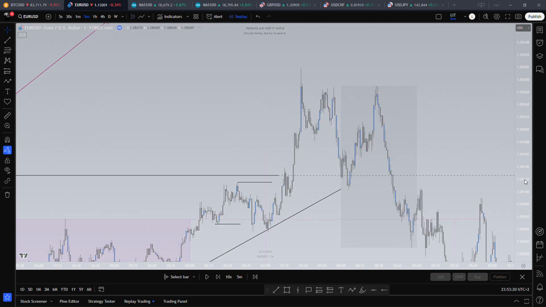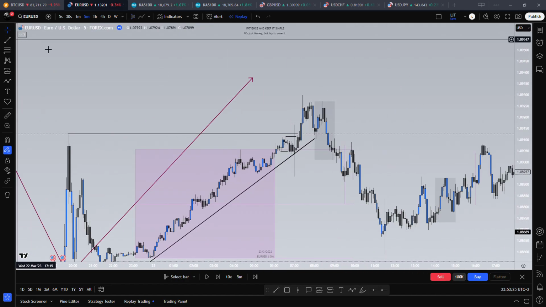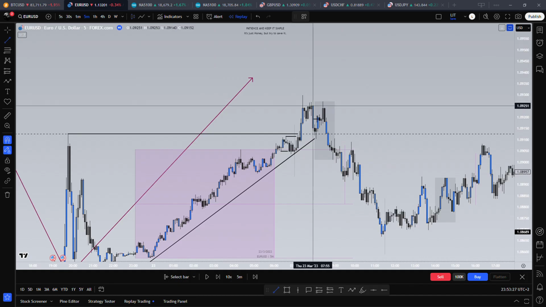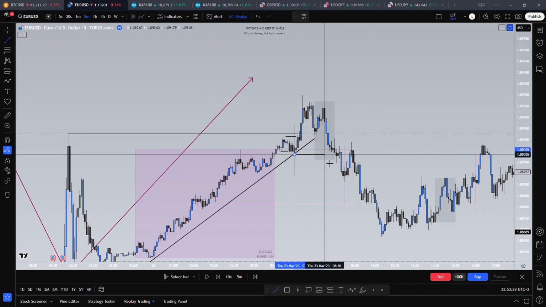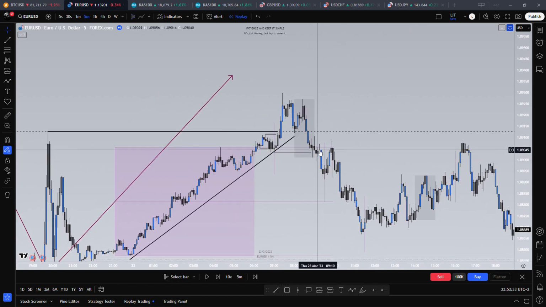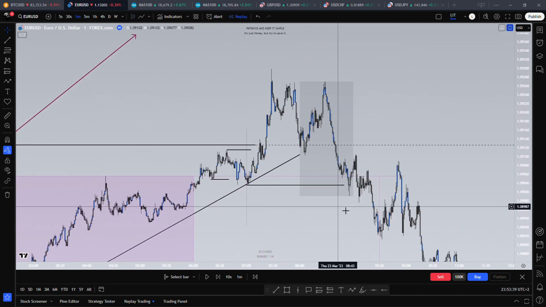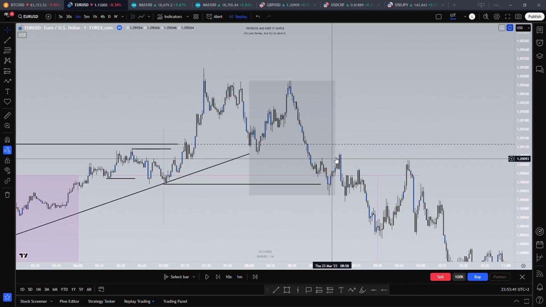So now we go on M5. We wait for the break of structure here, and the thing here is to break it and then have this.